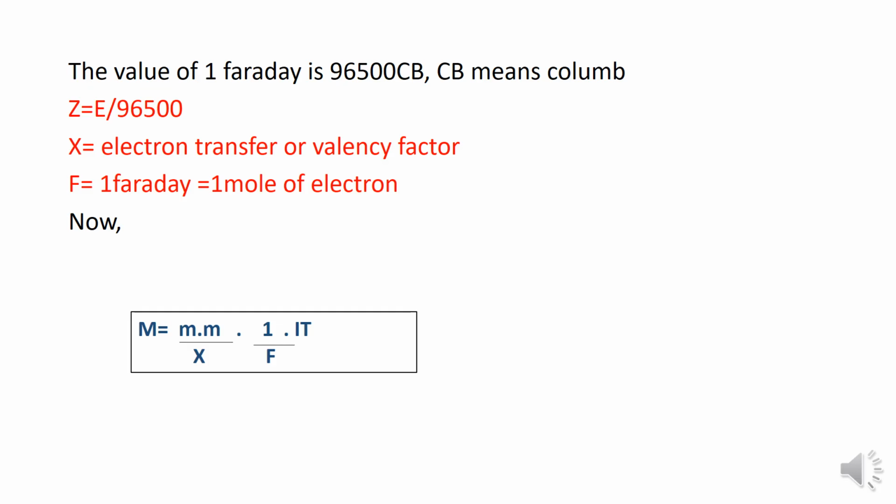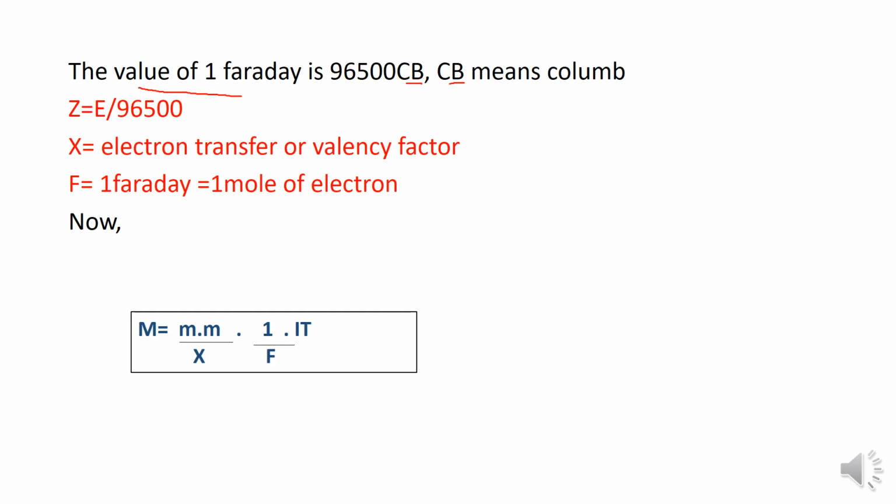Now students, I am telling about the value of 1 Faraday. The value of 1 Faraday is 96500 C. C means coulomb. C is the unit of Faraday we use in the numericals.